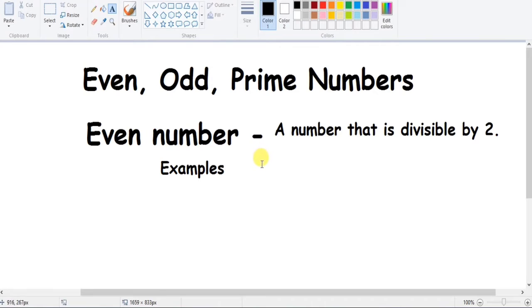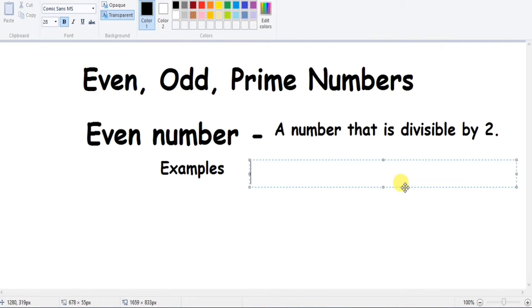If you look at the number line from 1, 2, 3, 4, 5, 6 and 7, and look at the numbers which are divisible by 2, you can see that number 1 is not divisible by 2.